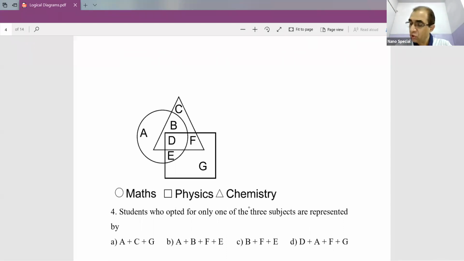Students who opted for only one of the three subjects are represented by only one. Only one means only maths is A, only physics is G, and only chemistry is C. So therefore, A plus C plus G is people who opted for only one of the three subjects.